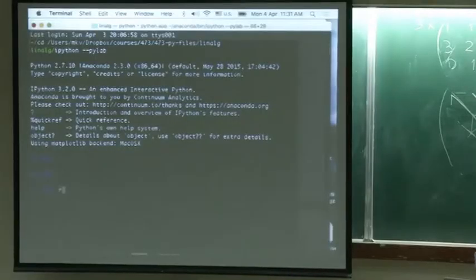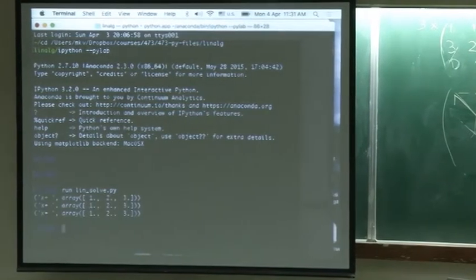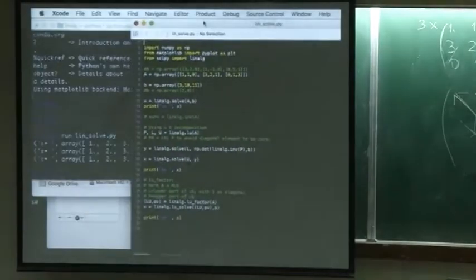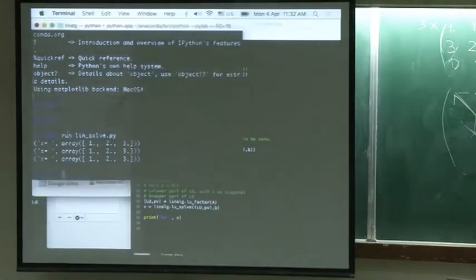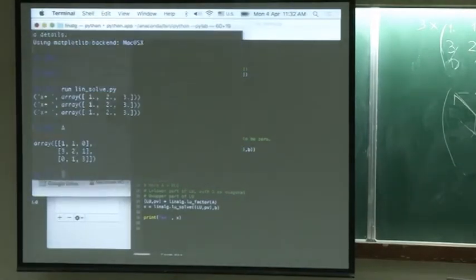So, run, I think it is linalg.solve. The first x is coming from the solution I solved first, and the second is coming from this solution. So, let us look at what A is. A is this. What is L?